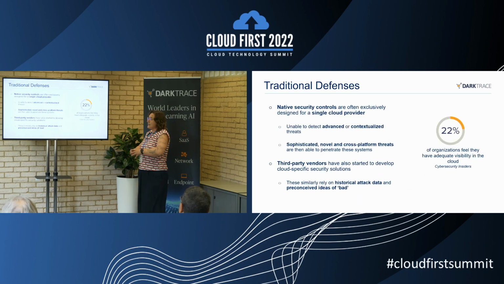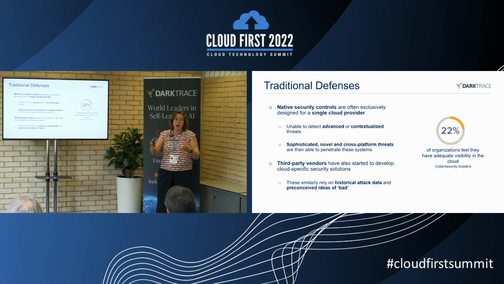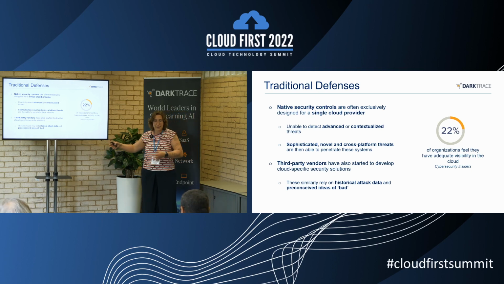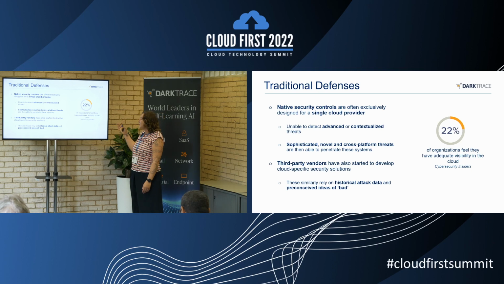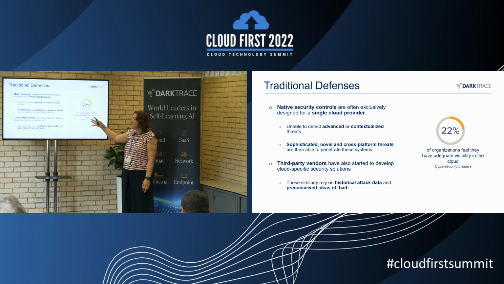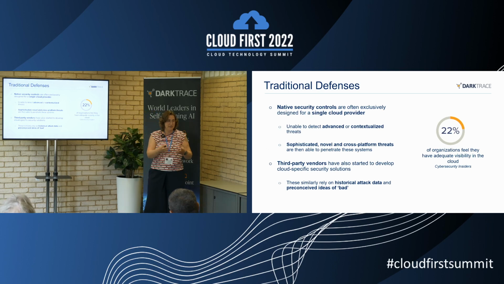If we look at these traditional defenses, it comes in two ways. Either you have your native security controls that come with the cloud tool that you're using, but the problem with those is that they are unable to detect these advanced and contextualized threats, having mentioned it earlier, these siloed approaches.